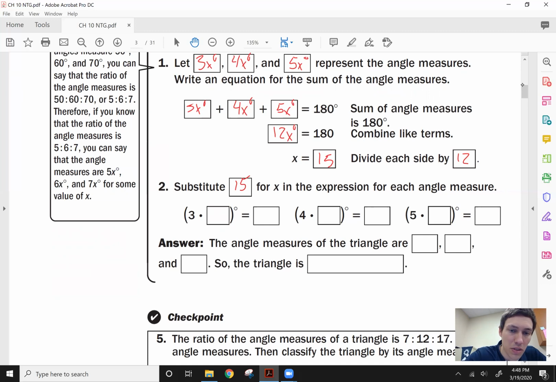So 3 times 15 equals 45. 4 times 15 equals 60. And 5 times 15 is 75. So the angle measures of the triangle are 45, 60, and 75. So are any of those above 90? Nope, they're all less than 90, so it's acute.